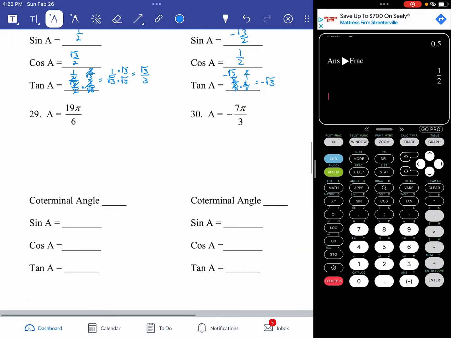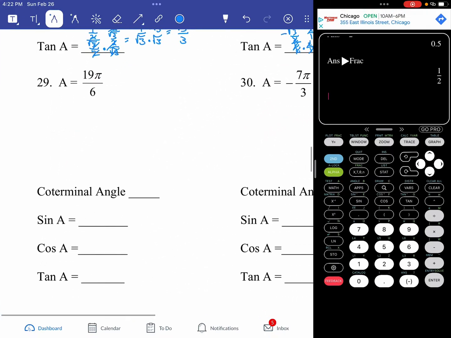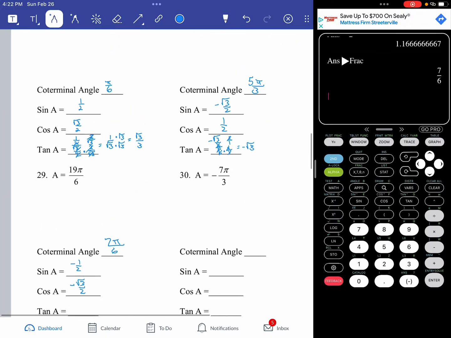All right, next couple. Did I have the same? No, I don't. Okay, that was a repeat question. So you got 19 pi over 6. Subtract 2 pi. That's 7 pi over 6. So looking at 7 pi over 6, our sine is negative 1/2. Our cosine is negative root 3 over 2. Now, we've already done one of these just like this, which is the one right above it.